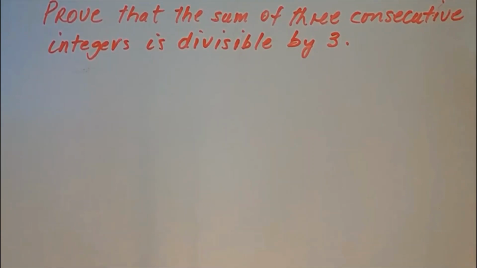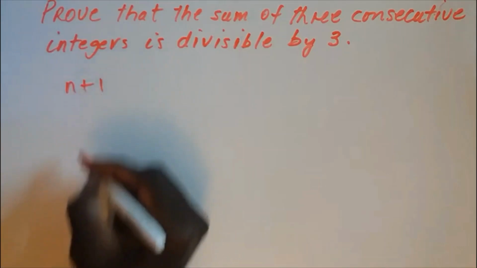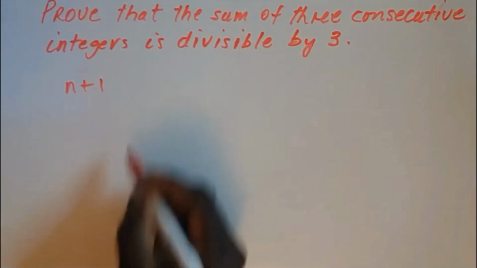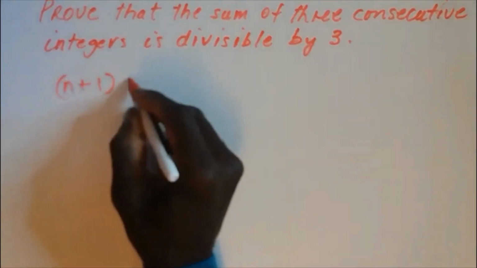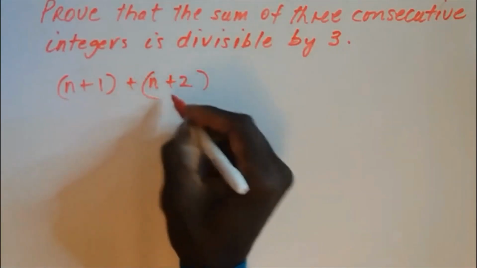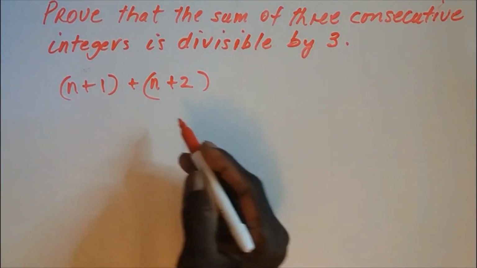Hello. Prove that the sum of 3 consecutive integers is divisible by 3. Well, let's use n add 1 to indicate one of these integers. Now if n is 1, then this will be 2. We could also use, for the next, n add 2. So in this case, if n is equal to 1, this will be equal to 3, and so on.